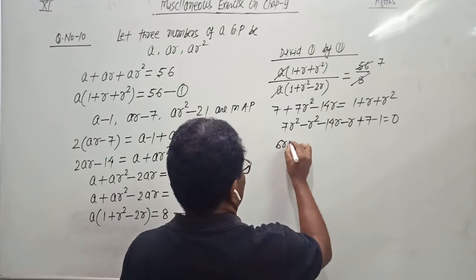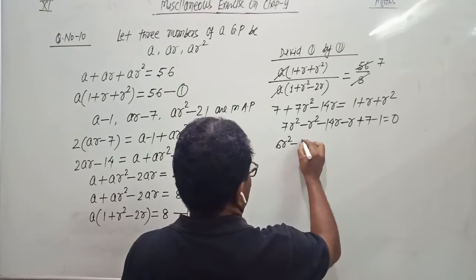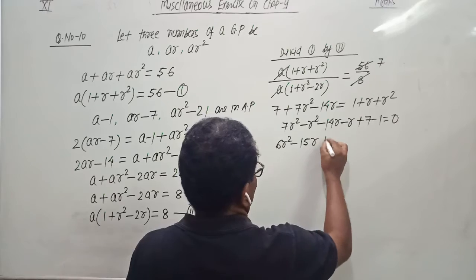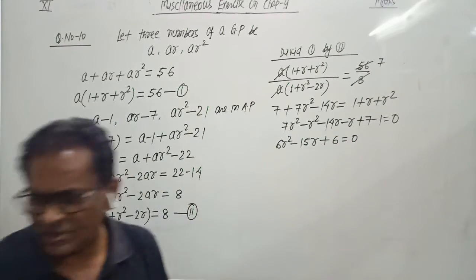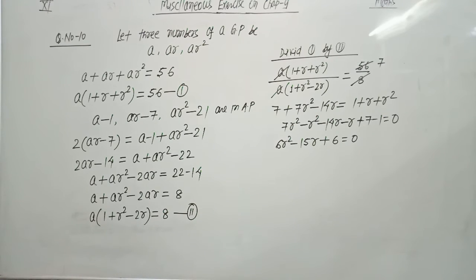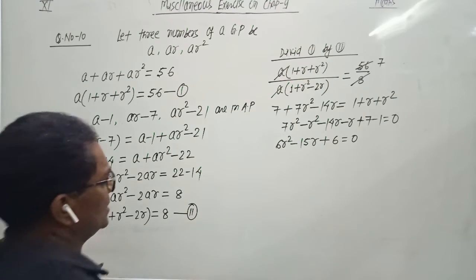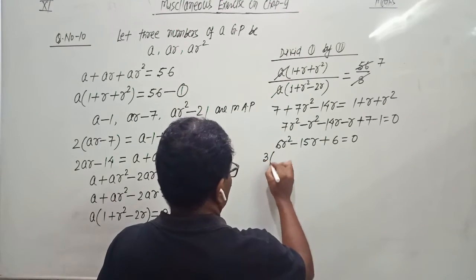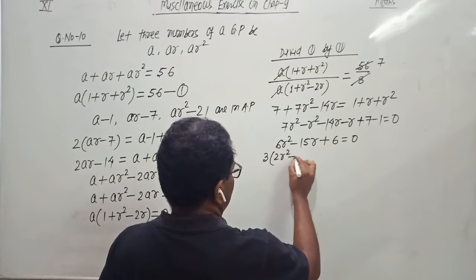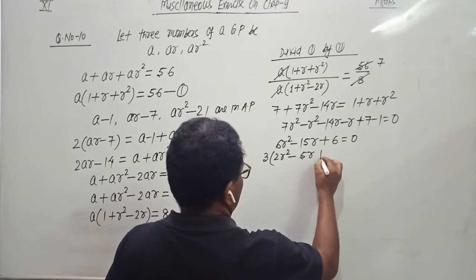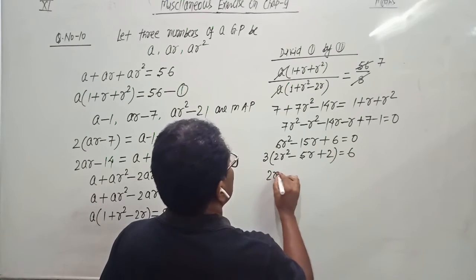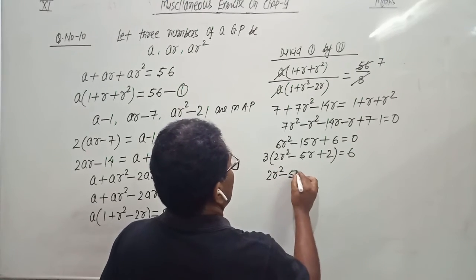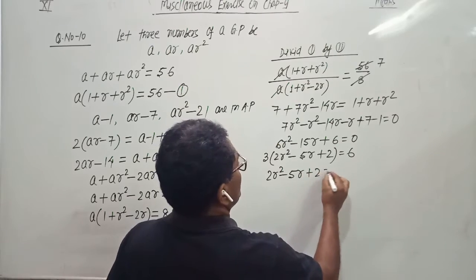So we get 6R square minus 15R plus 6 equals 0. And from these three terms, 3 is common. Then we get 2R square minus 5R plus 2 equals 0.